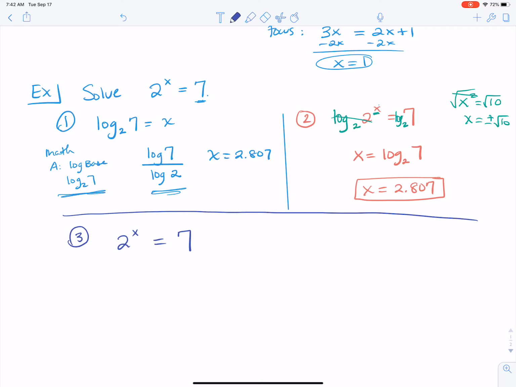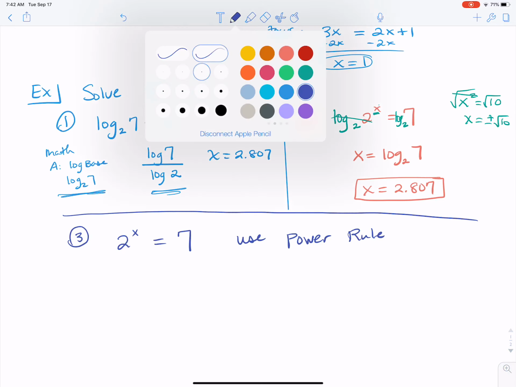But this one is more focused on using the power property. So this is going to use the power rule that we talked about also last class. You're going to use the power rule, and again, the fact that a log is kind of like an operation.